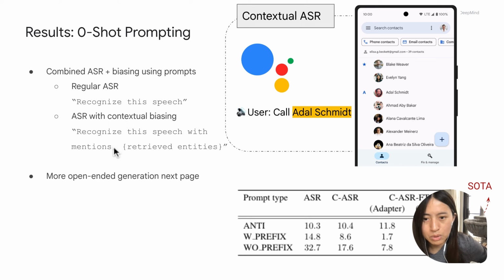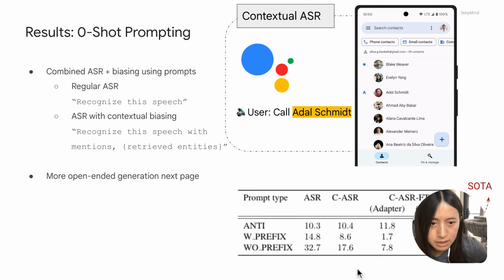While for the contextual biasing case, we prompt the model with recognize this speech with such mention, and we retrieve top K entities from the personalization list. The speech retriever is mentioned in another paper that we are going to link later. So in this case, you can see our model achieves pretty good performance.